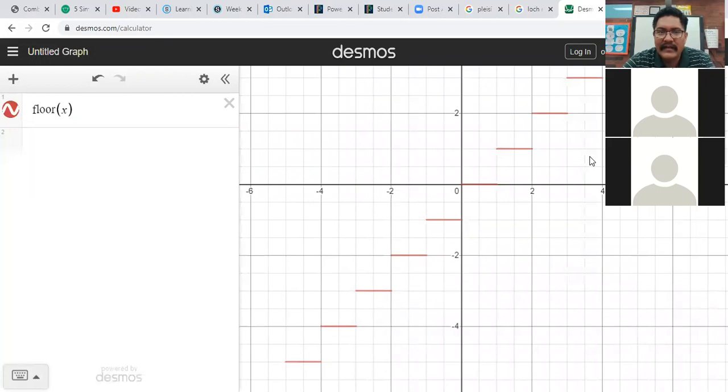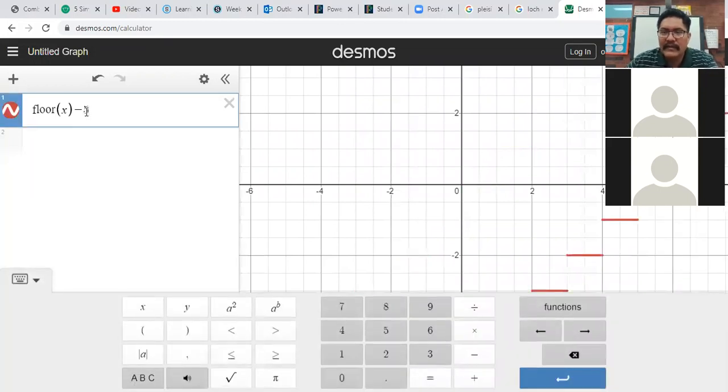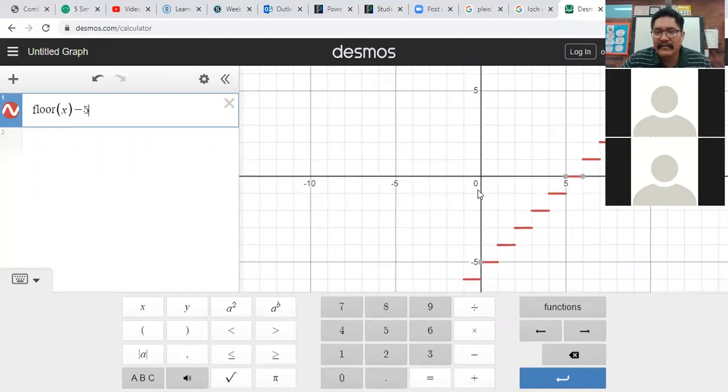So if I minus 5 from the function, now it looks like it's kind of shifting over, but it's actually gone down. So the whole graph is actually going down. And I could also move it over a little bit more by doing something like minusing 4.